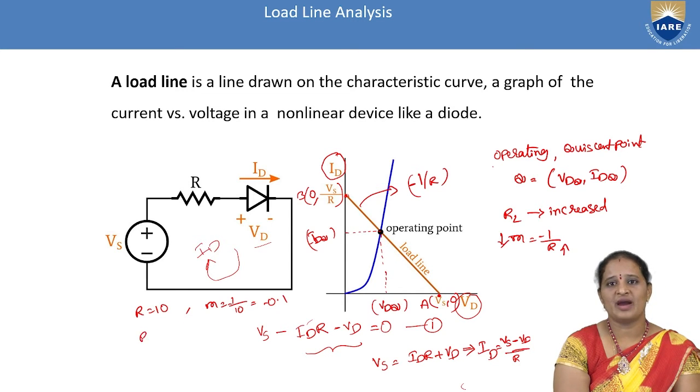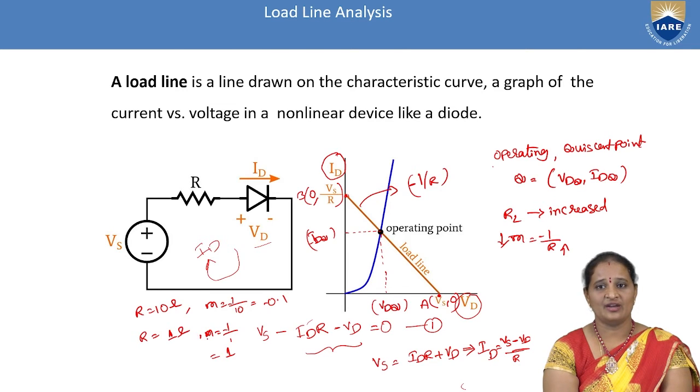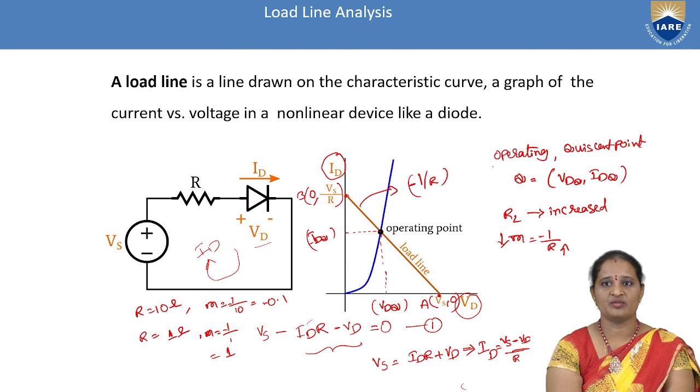If my load resistor is reduced to 1 ohm, then my slope will become minus 1 by 1, which is minus 1. So the slope is increased from minus 0.1 to minus 1.